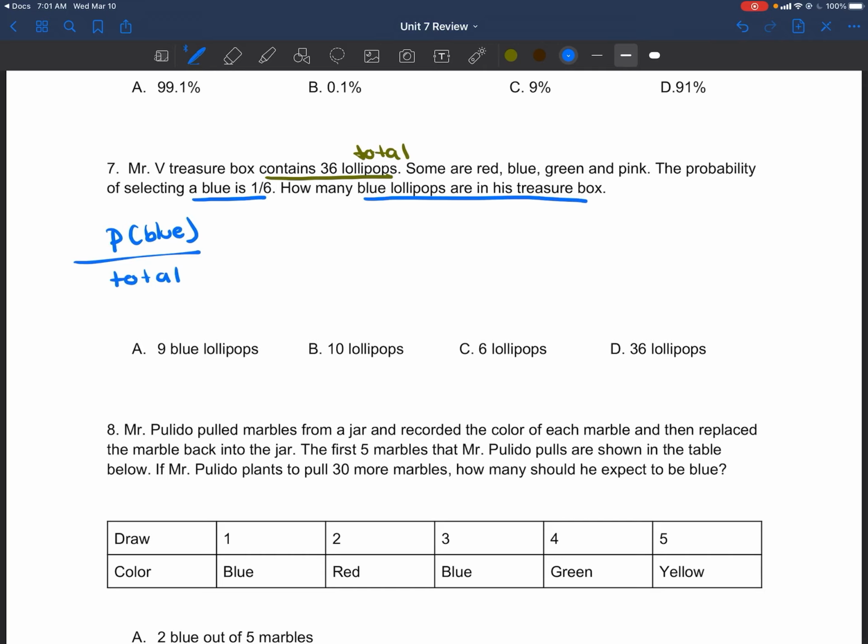And right now, to get a blue lollipop is 1 out of 6. But we don't have just 6 lollipops. We have 36 lollipops in total. Out of those 36, how many are blue? Well, class, my scale factor will help you find out.